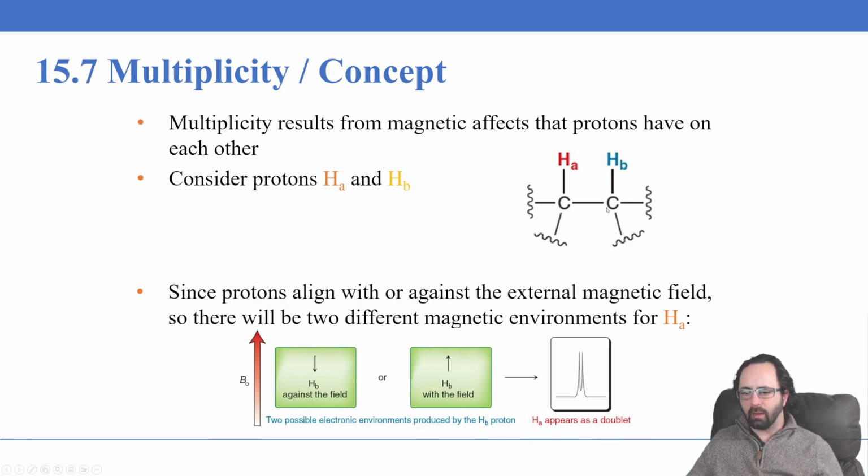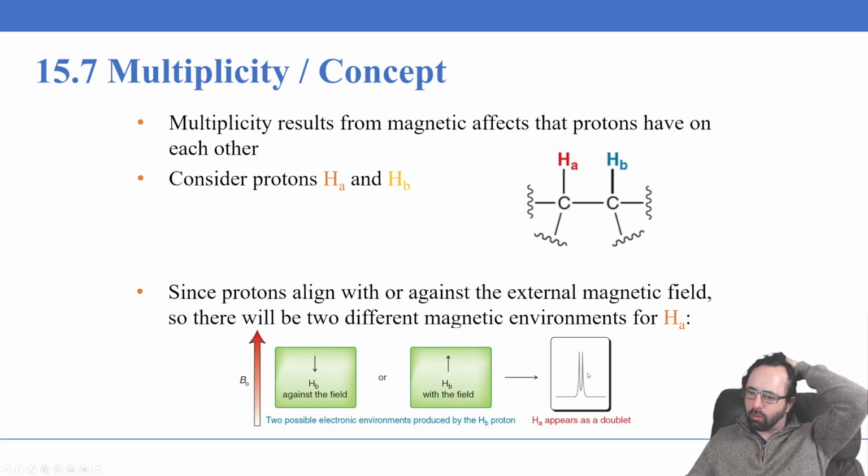Sometimes it will be opposed to the external field, and so there's going to be two different situations for proton A. Either the proton is in the same direction, spin state, as proton B, and the magnetic field that is induced by proton B, or they will be opposed.